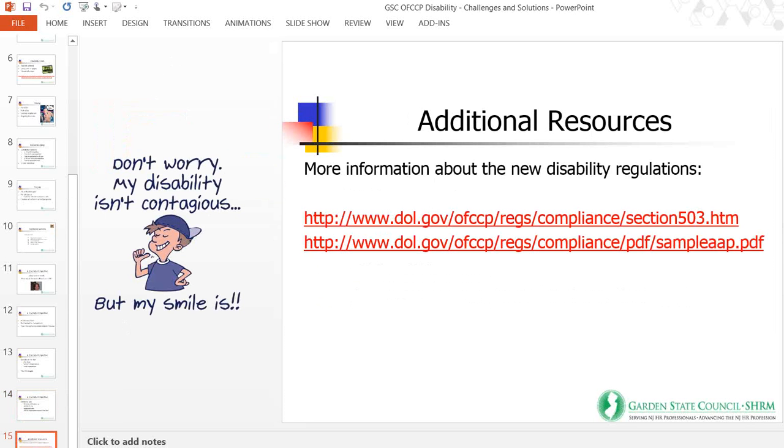As I mentioned when we first got started, the idea was to deal with the practical approach to these regulations. But if you're interested in diving deeper, you're welcome to hit one of the hyperlinks. We also gave you a hyperlink to a sample AAP that the DOL put out that may assist you if you've never had to put that together in the past.